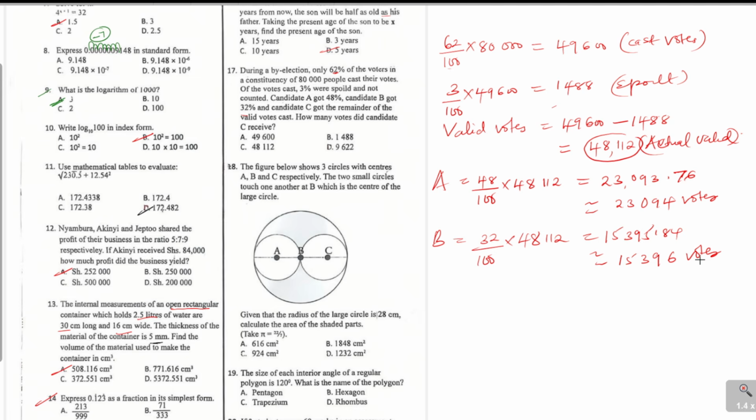And then the remainder, whatever remained, was now for candidate C. So for candidate C, we're going to take the valid votes cast total, that is 48,112, and then we subtract what candidate A got, that is 23,094, plus what candidate B got, that is 15,396, like that.